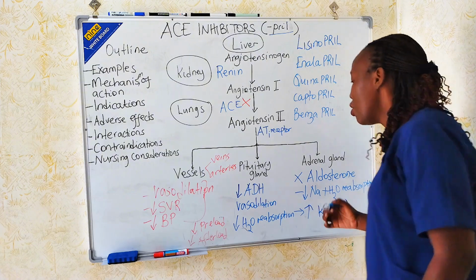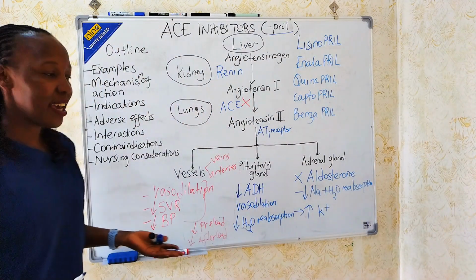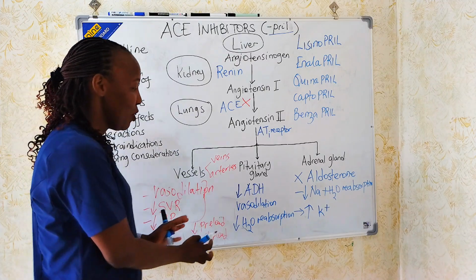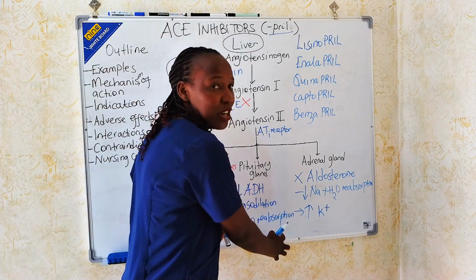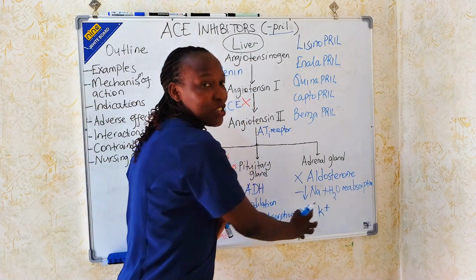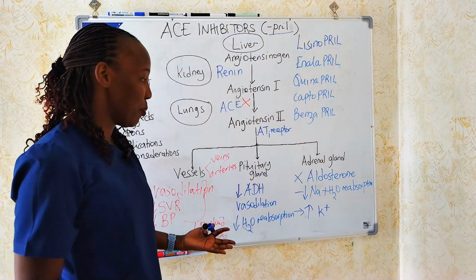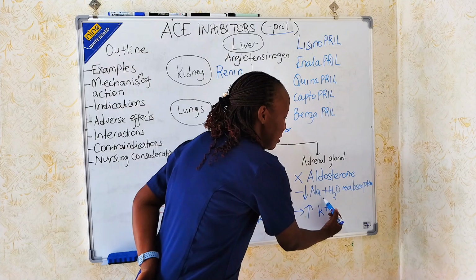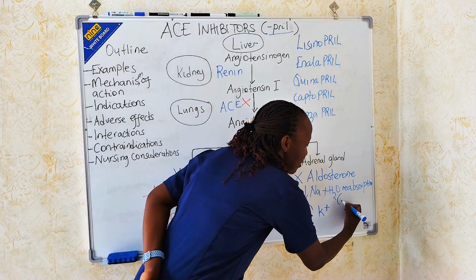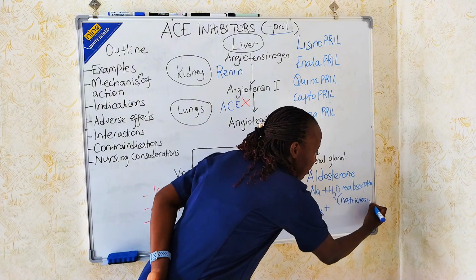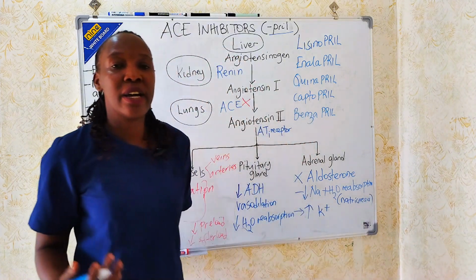So what you're trying to see here is that we have vessels that are dilated, and we have a reduction in fluid volume, or blood volume. Because we are losing salt and water in urine, this is causing a natriuresis.